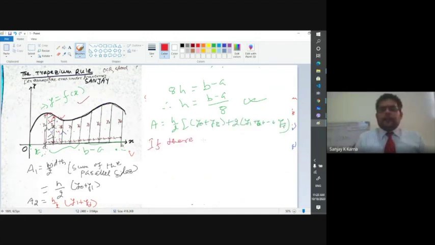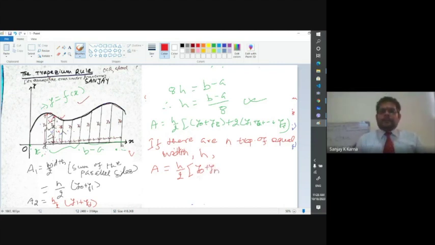If there are m trapezium of equal width, say it is h, in that case, what will be the formula? The formula will be like this: h by 2 times y0 plus yn.